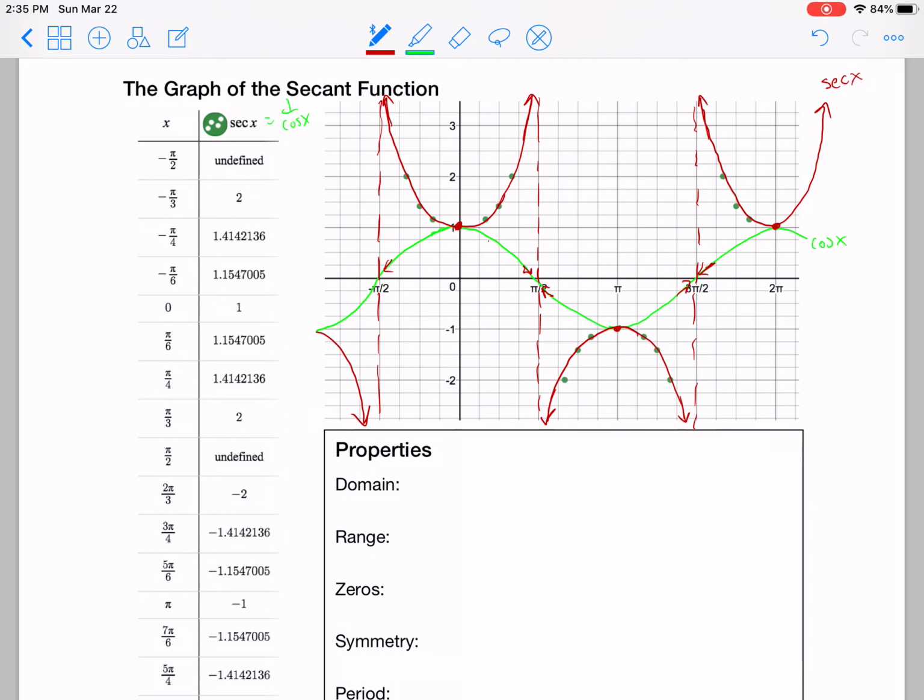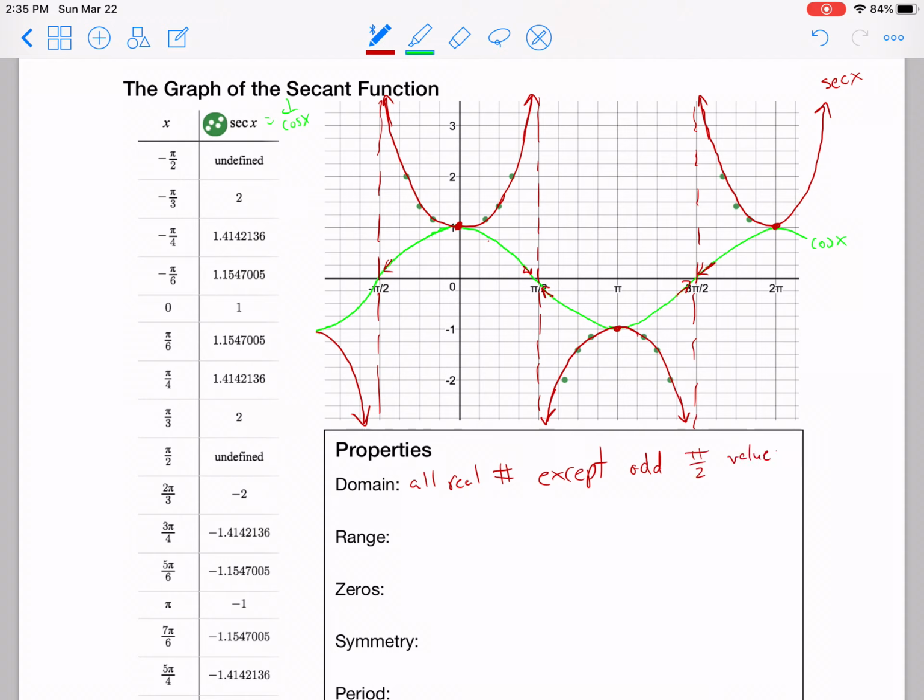Okay? The domain for this, well, if you see, we can put in everything we want except pi over 2's. So all real numbers except, again, odd pi over 2 values.